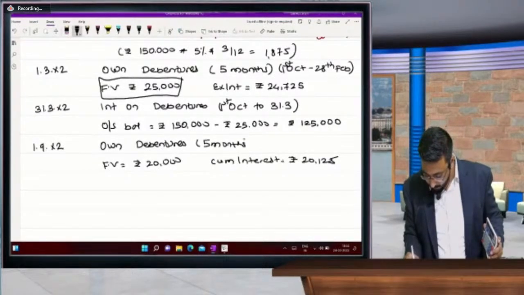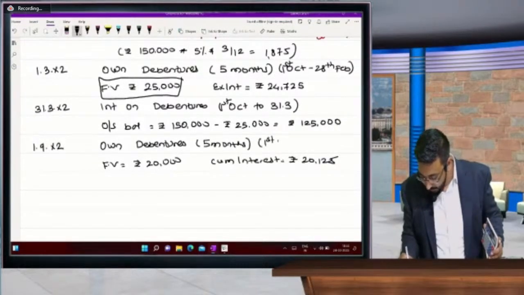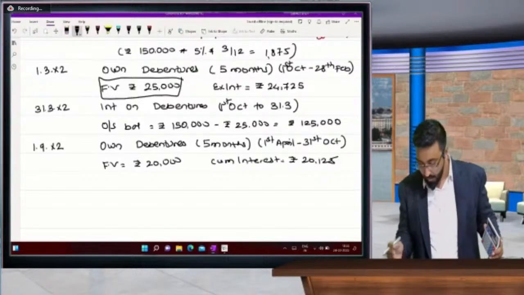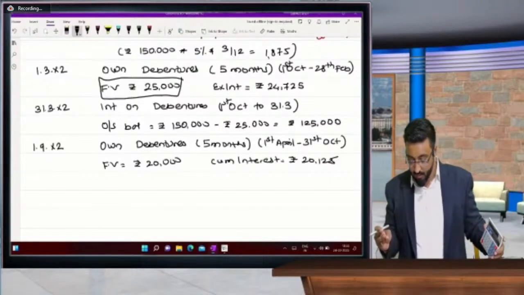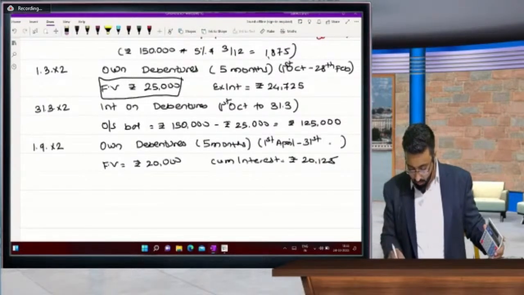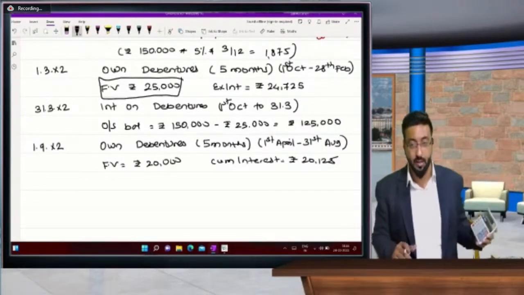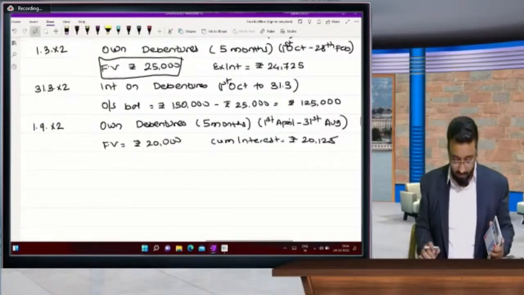How? Last interest from 1st April to 31st of August. Sorry, September is when we bought it, not October, so 31st of August.